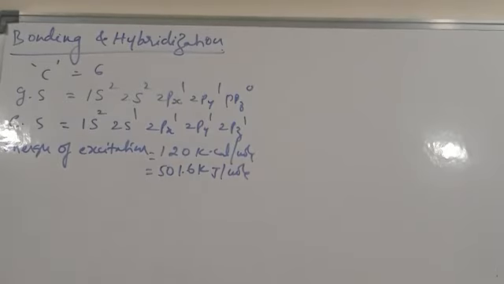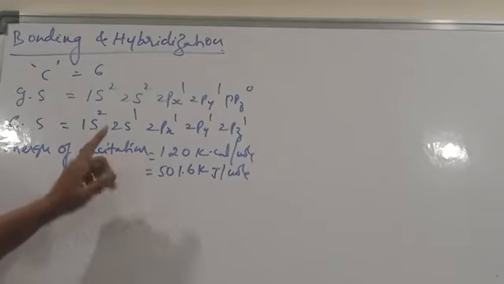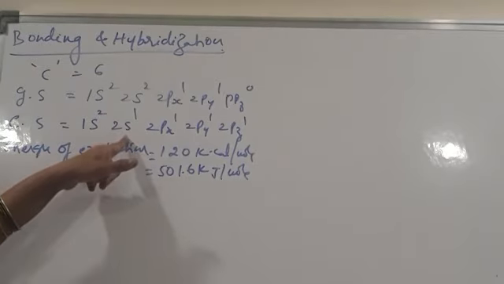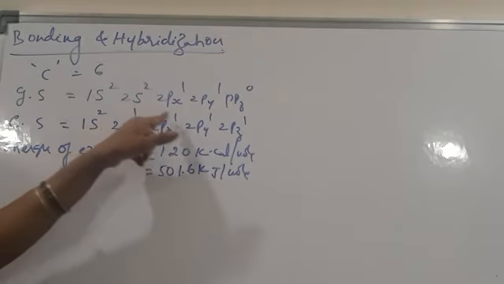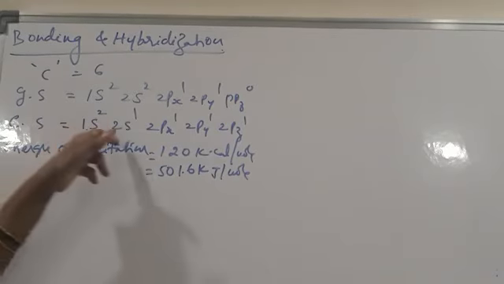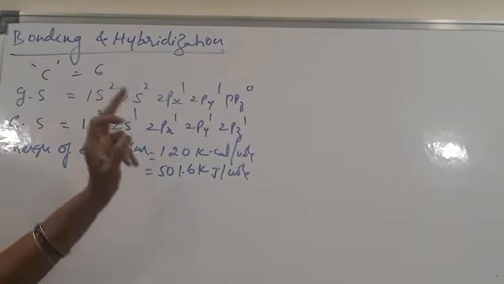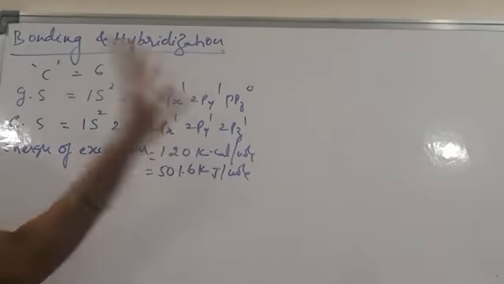So, with this much energy, an electron from the s orbital enters into the pz orbital. So, in excited state, carbon contains 4 unpaired electrons: one in the 2s orbital and one each in the p orbitals, px, py, pz.